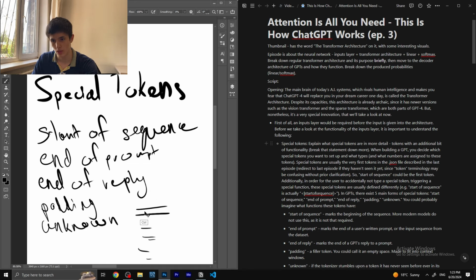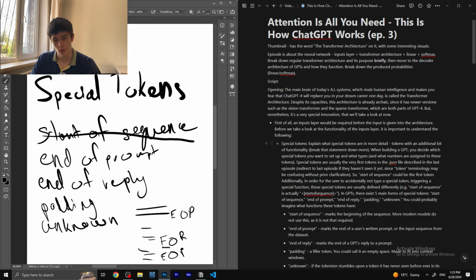Instead, an end of prompt is added every time you write something, then there's an end of reply for its own response, and then you write something and there's an automatic end of prompt and end of reply addition. ChatGPT even generates one itself, so that it can tell the system, hey, stop generating more tokens.